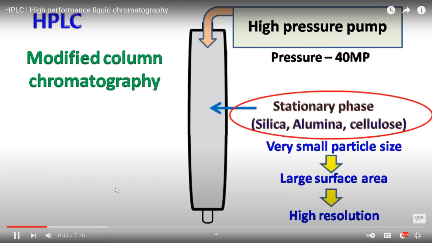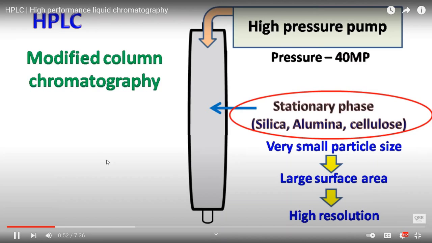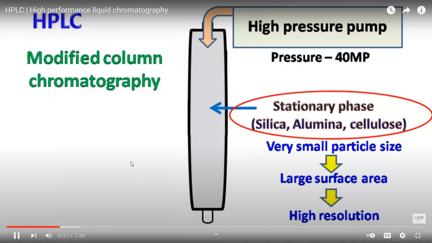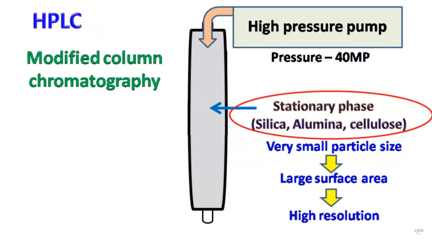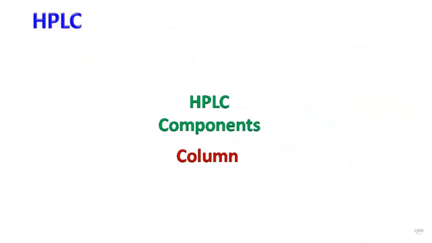The column is filled with an adsorbent material which has a very small particle size. The small particle size gives a very large surface area for the sample molecules to interact. As a result, the efficiency of separation increases, giving high resolution. Let's see the components of HPLC.